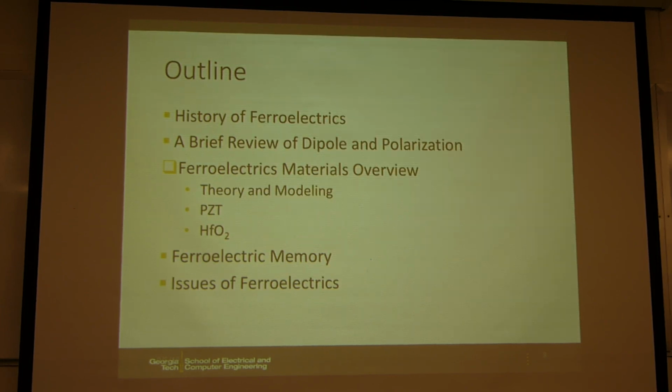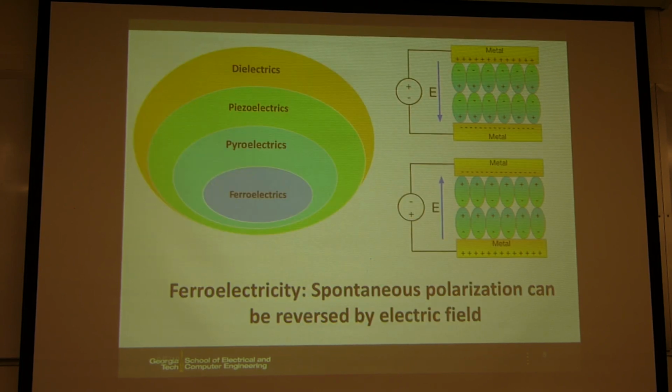Now I'll start talking about materials. We are looking at this subset of dielectrics called ferroelectrics. This is a very small subset of materials. For a material to be ferroelectric, it also has to be piezoelectric and pyroelectric.